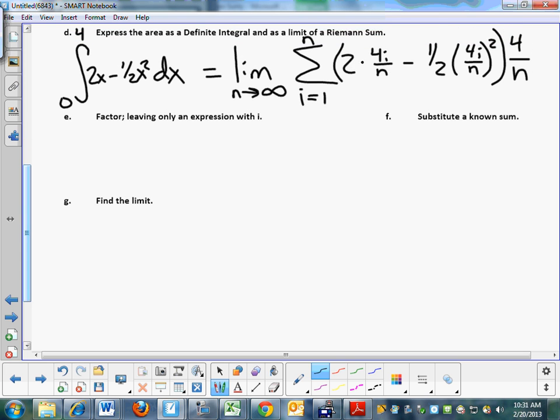Warning. This is where you can make some mistakes. So be careful with your algebra. All right? We'll write this out. Limit as n goes to infinity. Yes, you have to continue to write that. Of, yes, the sum i equals 1 to n of, what's 2 times 4i over n? 8i over n.